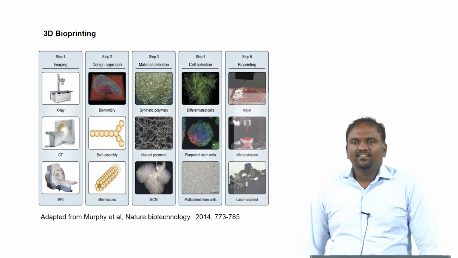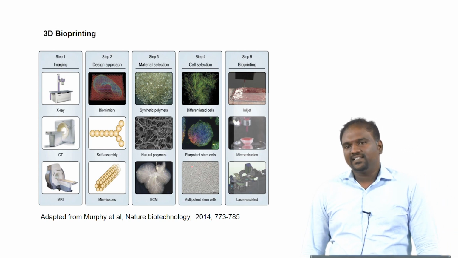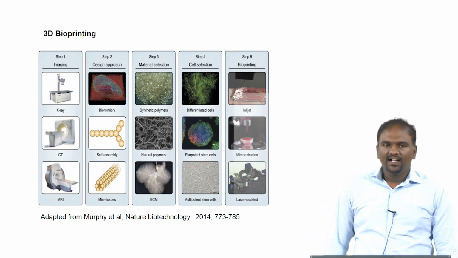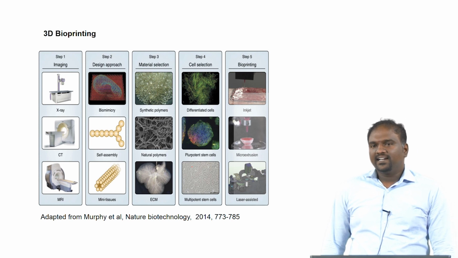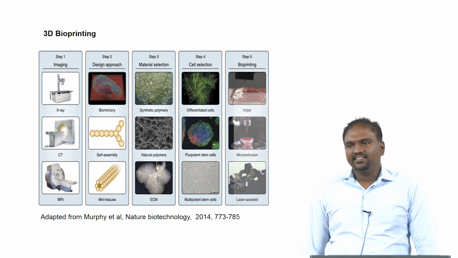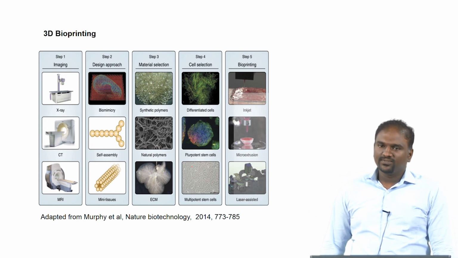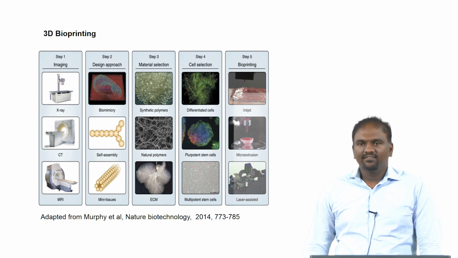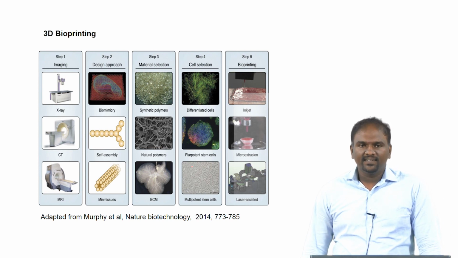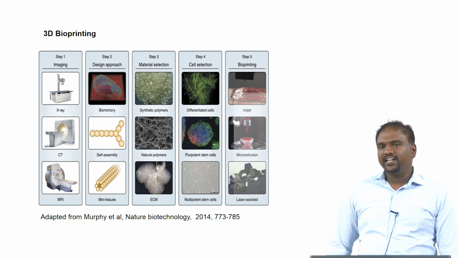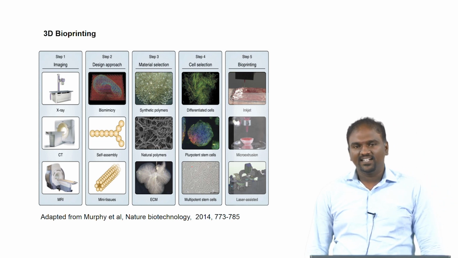A CT scan involves X-rays, and the image is taken at all 360-degree angles. In MRI, under the magnetic resonance field, the image is taken at 360 degrees. Once the image is taken, it will be converted into a printable form like CAD format, because only then will we be able to print the particular structure we are interested in.